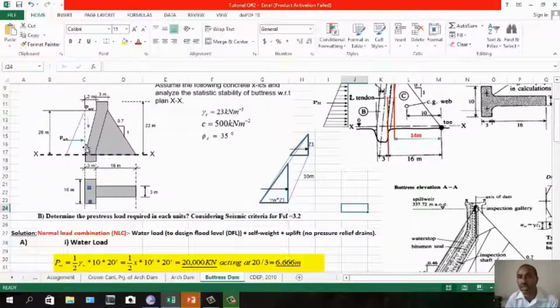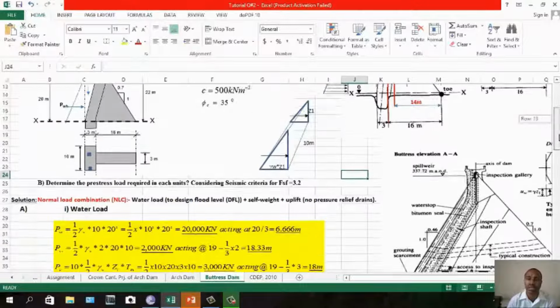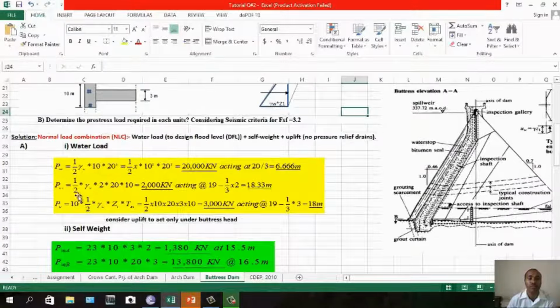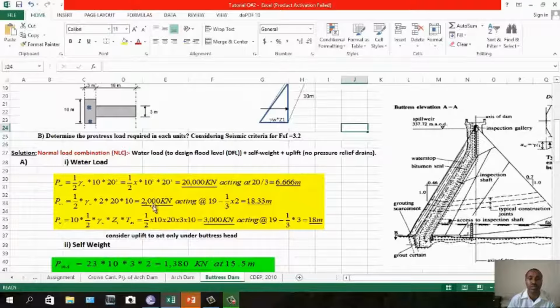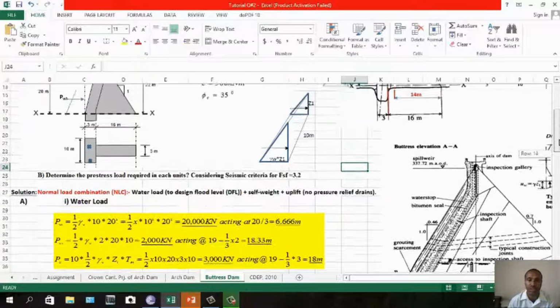Once you calculate these dimensions, you get the result, which is 1 over 2 gamma W times 2 meter width times 20 depth, then times 10 meter, the width of a single Buttress. If you multiply, 2000 kilonewton acting at 19 minus 1/3 of 2, which is 18.33.